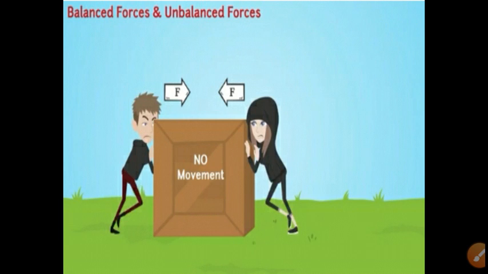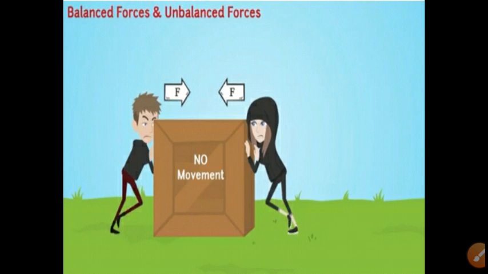At the same time, Daisy is also pushing the box in the opposite direction with the same amount of force, F Newton. What will happen here? Will the box move? No, the box will not move.